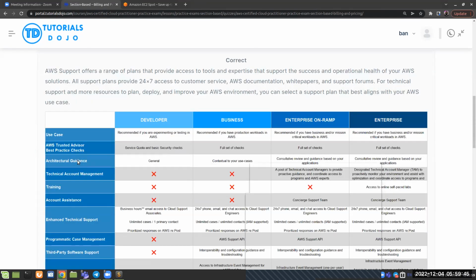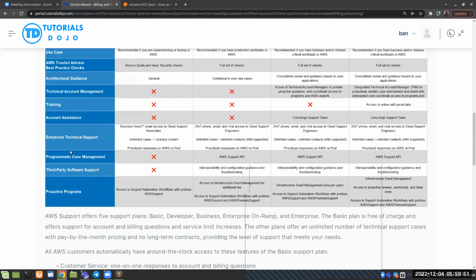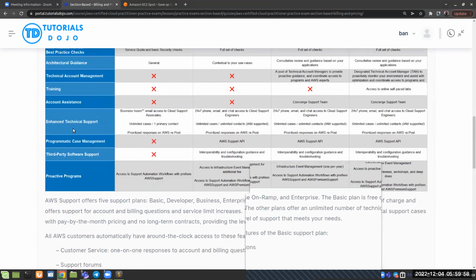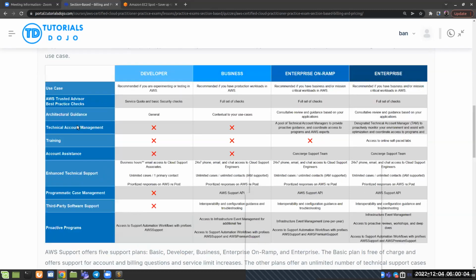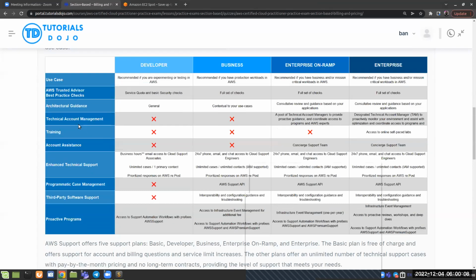And in case anyone is missing that, programmatic, where is that again? API programmatic. AWS support API.